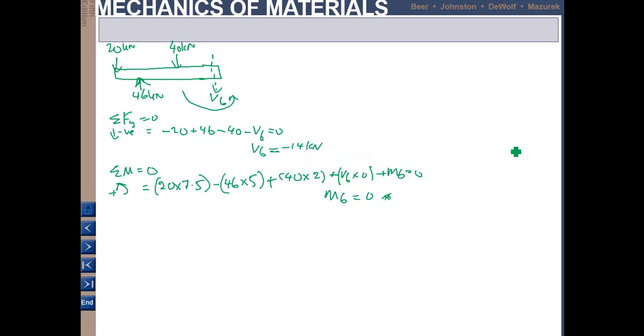Okay, so now because you already calculated the value of shear force and also the bending moment, you can summarize it here from what you have calculated.